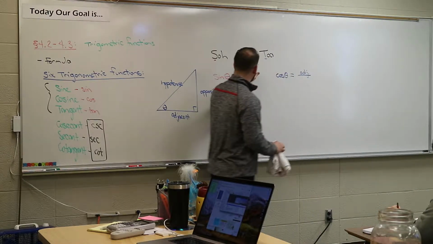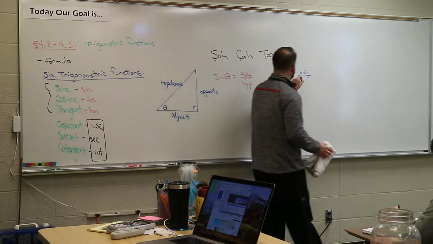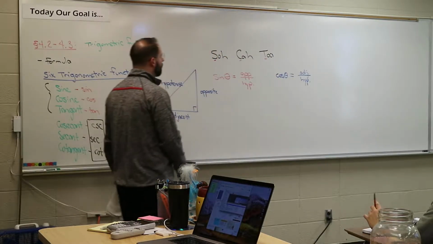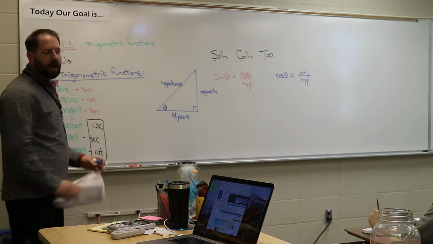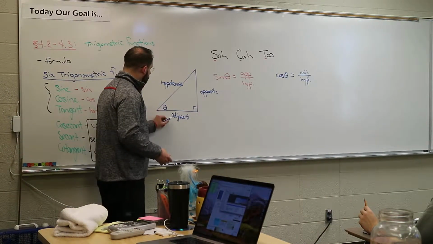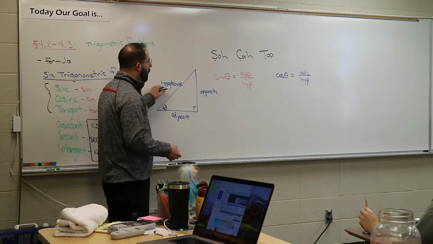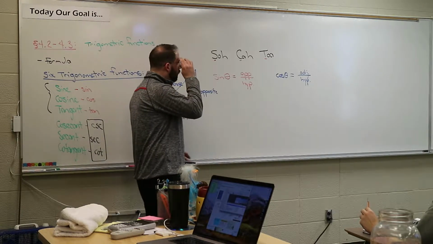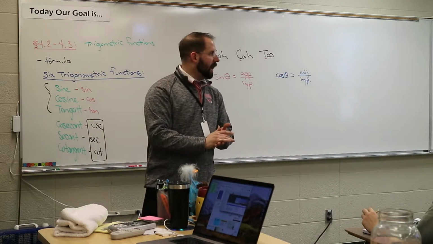And the third letter will always go on the bottom, so now we're going to be dividing by the hypotenuse here. So that's what the little acronym tells me. So adjacent over hypotenuse. And again, on a right triangle, you'd use whatever the bottom wall is, and you divide by the hypotenuse, and that'd be the fraction you'd have set up for whatever that angle is. And again, we're going to use these today to find out actual distances.